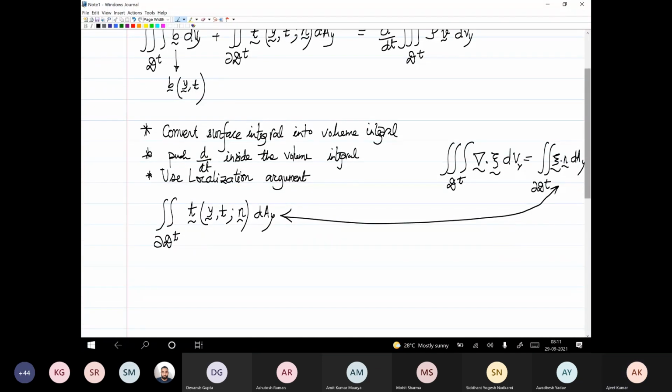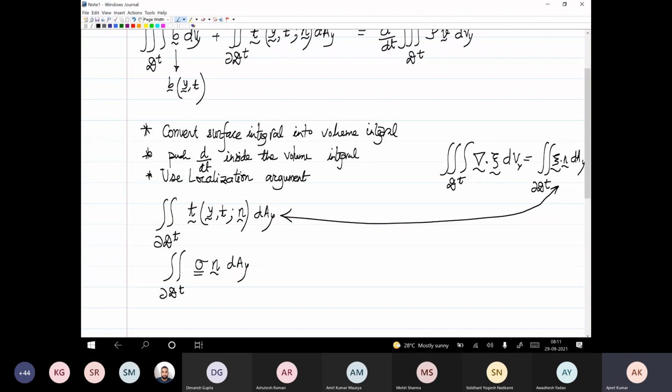Okay, so you see that this surface integral, the integration of traction, is not in the standard form. So that is where we introduce the formula for traction, that is sigma times n, okay? And then we have the integral over del dt of sigma n da.